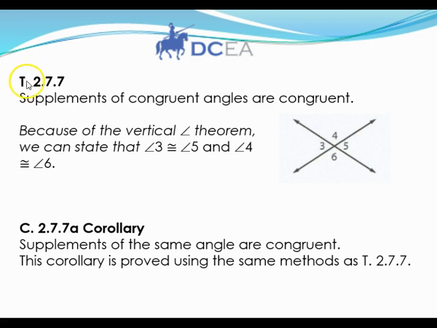Our next theorem, Theorem 2.7.7: supplements of congruent angles are congruent. Because of the vertical angle theorem that we just did, we can state that angle 3 is congruent to angle 5 as we did in our theorem, and we can also state that angle 4 is congruent to angle 6.